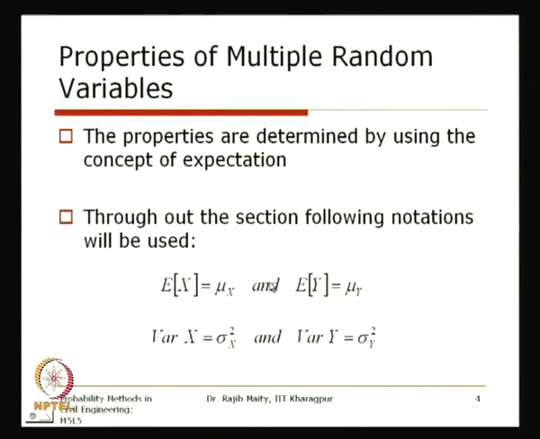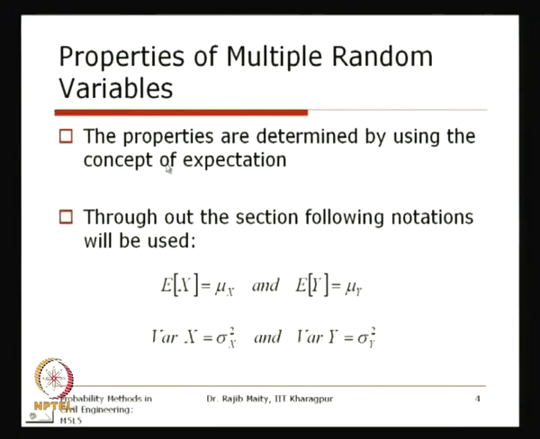The properties are determined using the concept of expectation, the expected value that we discussed earlier in the context of the single random variable. Here we will first take the same concept with respect to two random variables, that is the bivariate case, and the same thing will again be extended to more than two random variables.